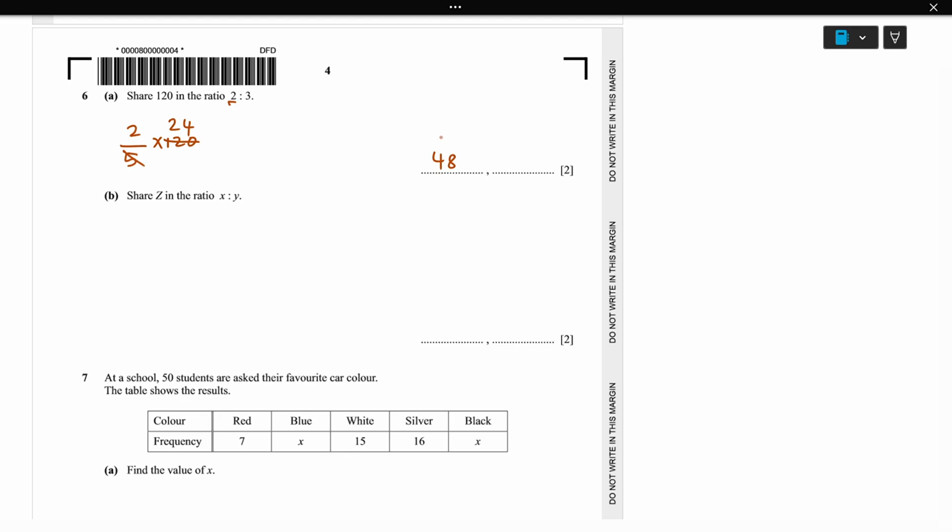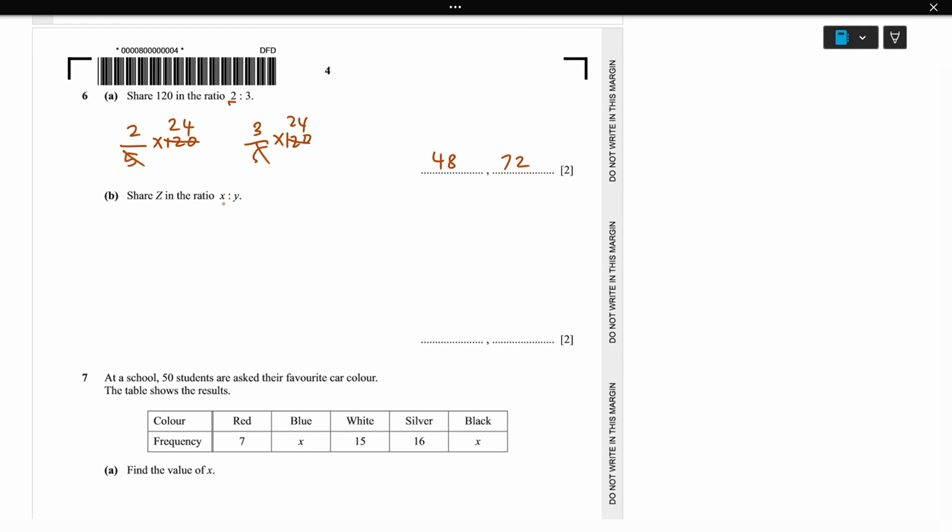The second part, just take away from 120, or we can do the other way. So the part is 3 over 5 times 120, which is the same. So here is 24 times 3, 72. Okay, so next, share z in the ratio x:y, the same.